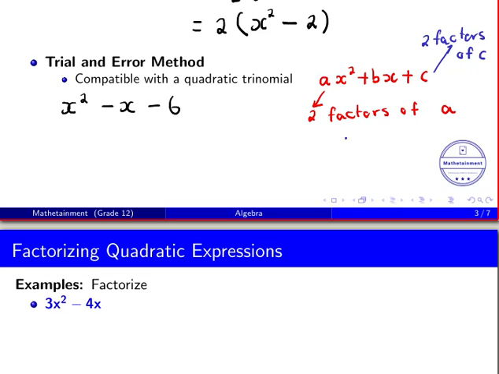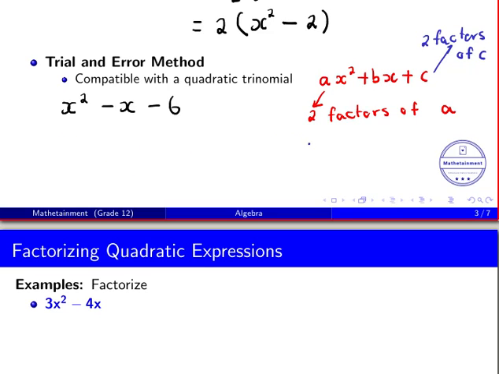What do you want to do with this? You want to multiply the factors of a with the factors of c such that when you add or subtract that product, you get b, which is the middle term. That's something that we want to do, but at this point it's a little bit abstract, but you will see what we are going to do here.